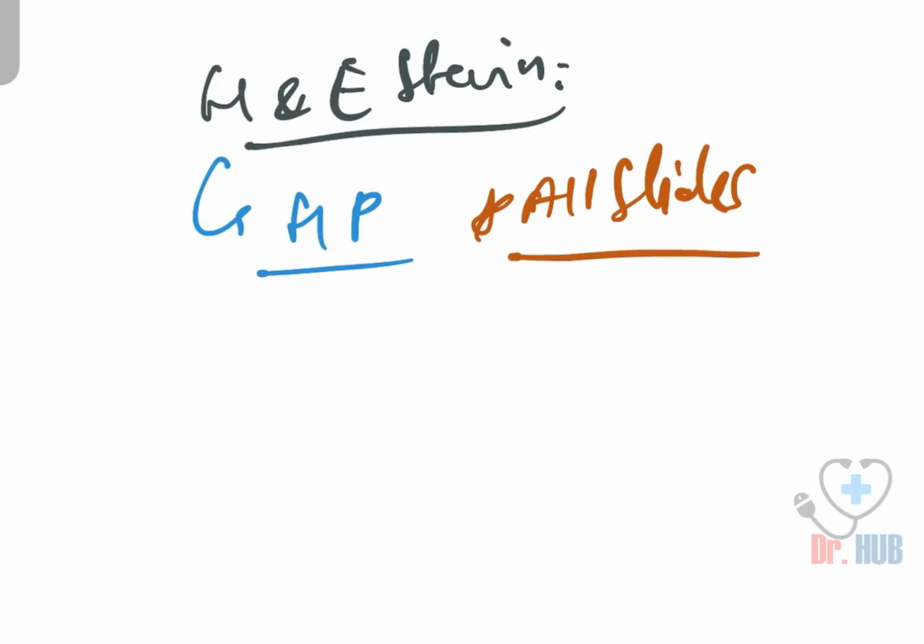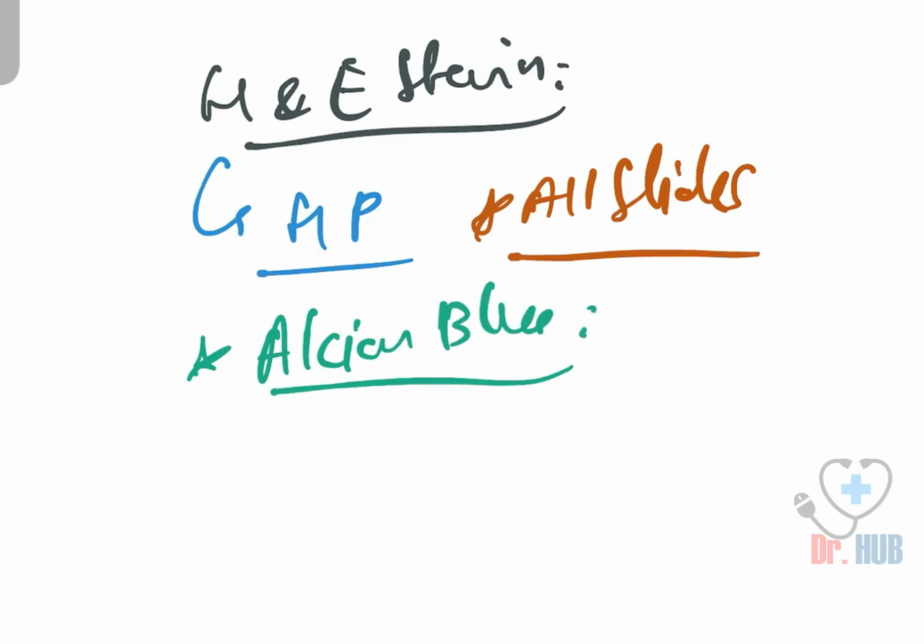So the next question was, what is the Alcian blue? The Alcian blue is for the acid mucins, and it stains positive for the mucins.